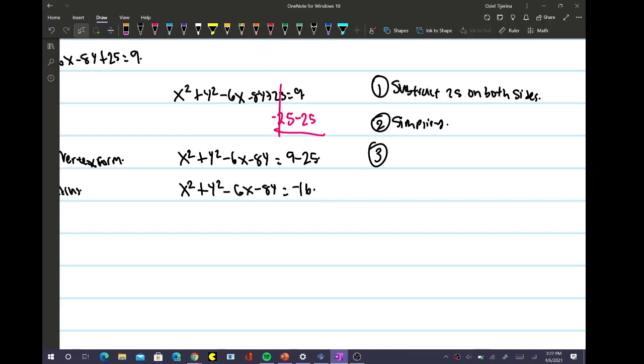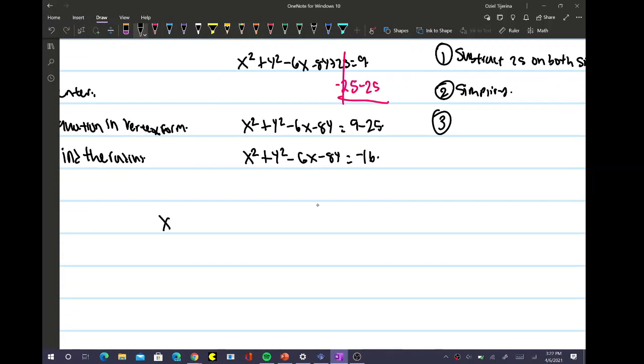You want to complete the square. Minus 6x plus something plus y squared minus 8y plus something is going to equal negative 16 plus something, okay?